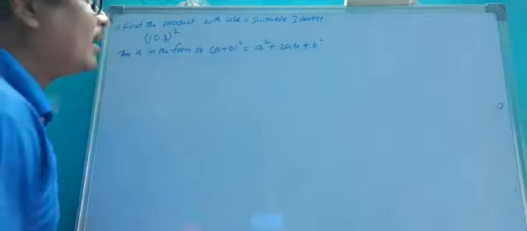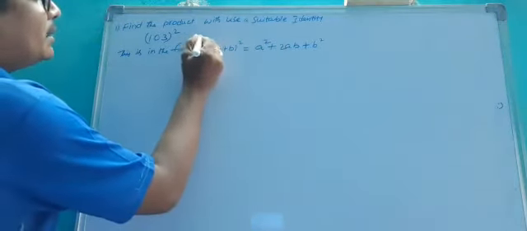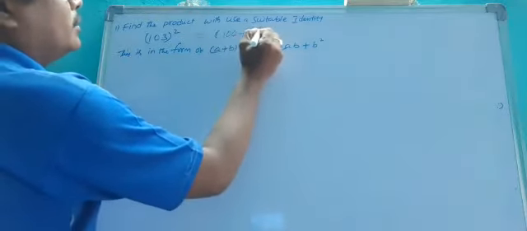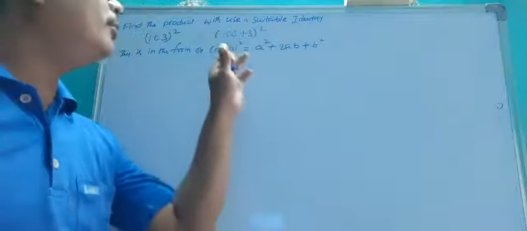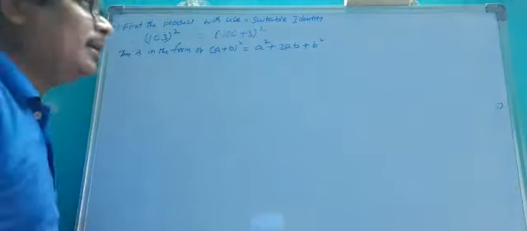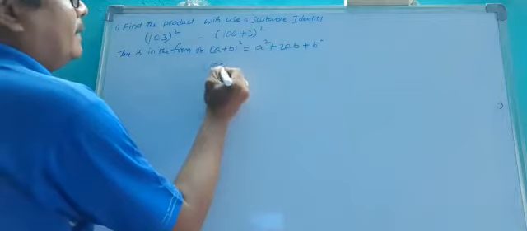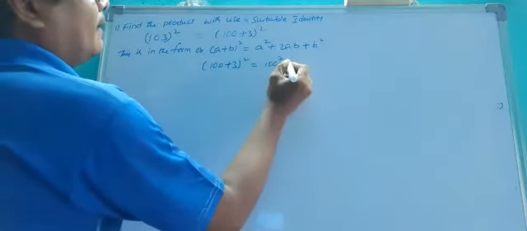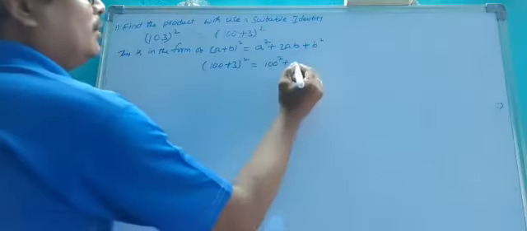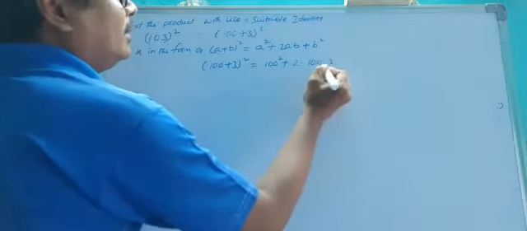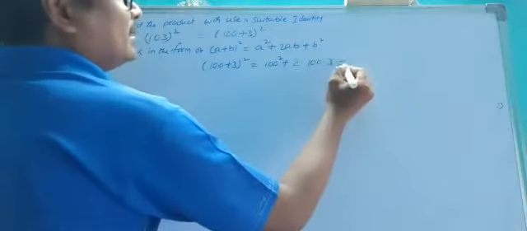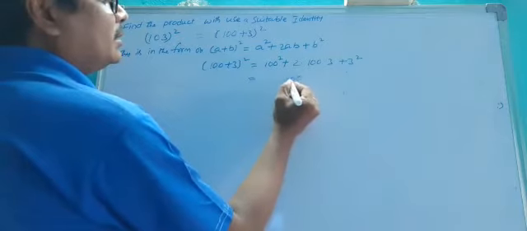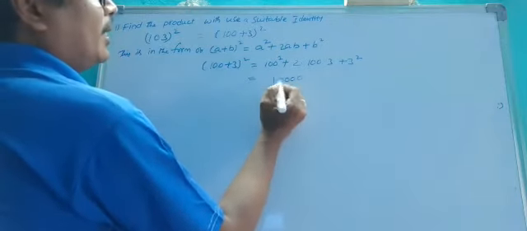103 whole square can be expressed as (100 + 3) whole square. Now this is in the form of (a + b) whole square. So 100 square plus 2 into 100 into 3 plus 3 square. 100 square means simply write 4 zeros first, with 1 square means 1.